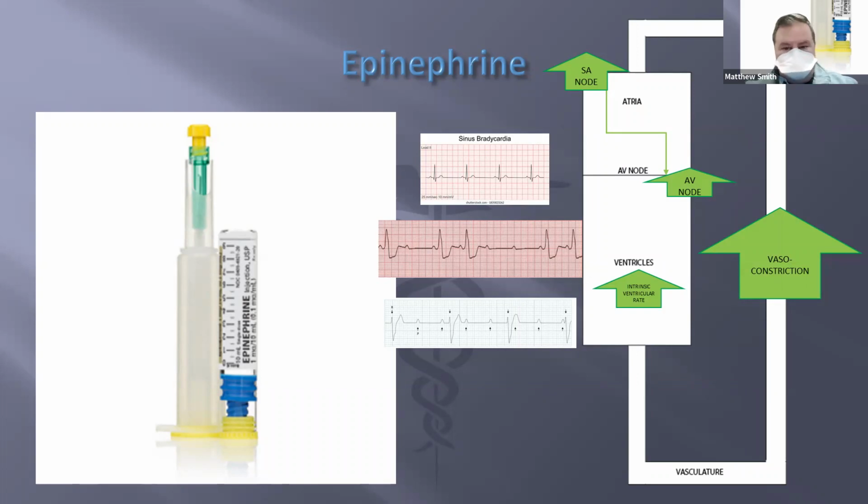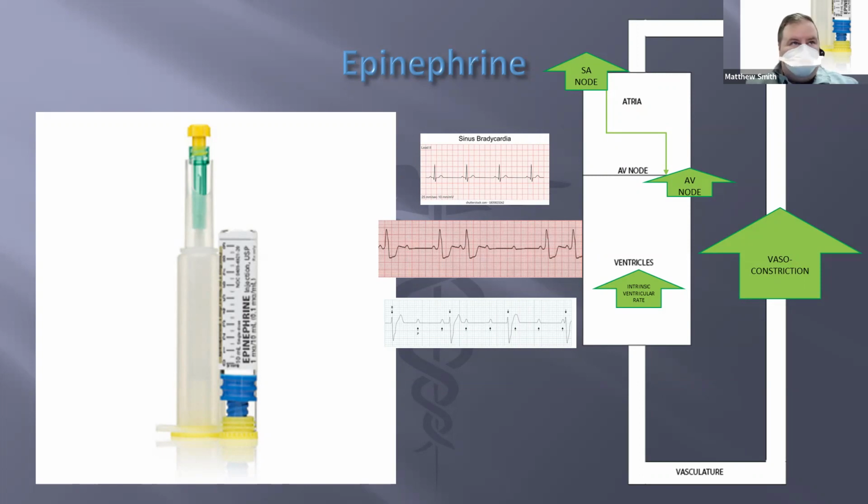So what does this do? Well, if the heart rate is being determined by the SA node, then its effects at the level of the SA node are going to increase the heart rate. If the heart rate is being determined by the intrinsic rate of the ventricles, as in second-degree type 2 or third-degree heart block, then the epinephrine is going to increase the ventricular firing rate and increase the heart rate through that means. Regardless, and aside from what it does to the electricity traveling through the heart, epinephrine is also going to constrict our vasculature.